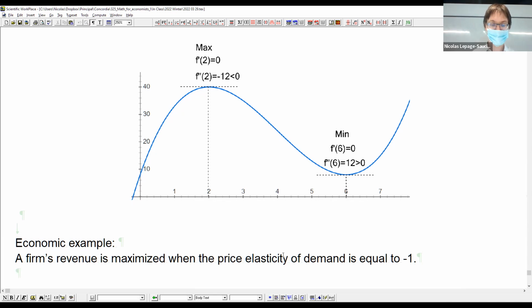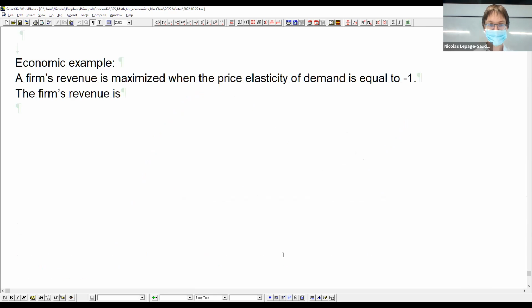So the firm revenue is this. So R, which is equal to price times quantity. Remember that?